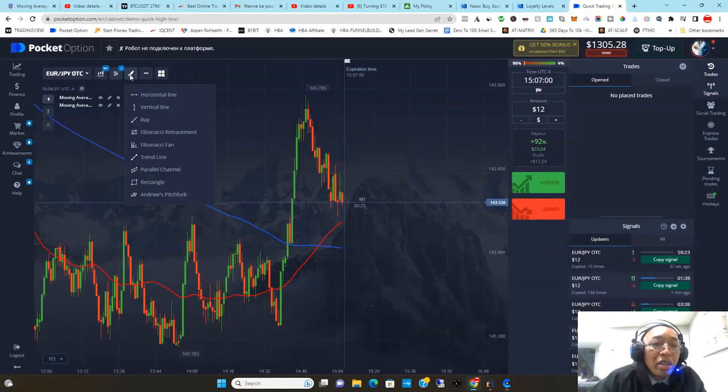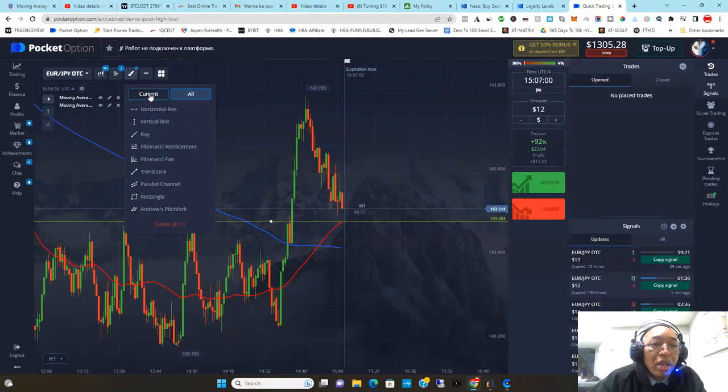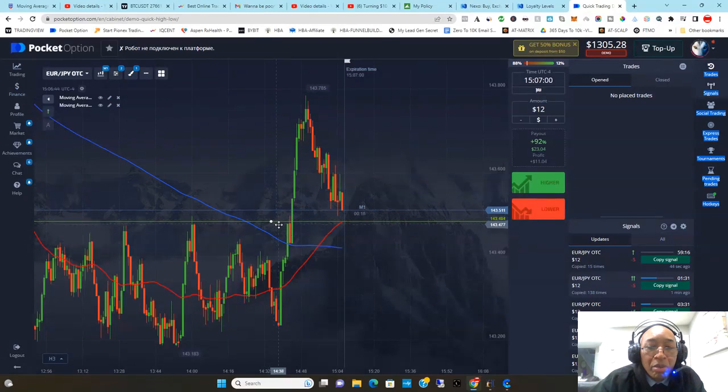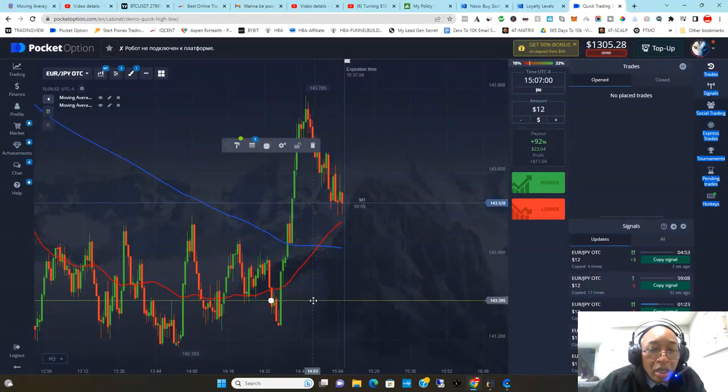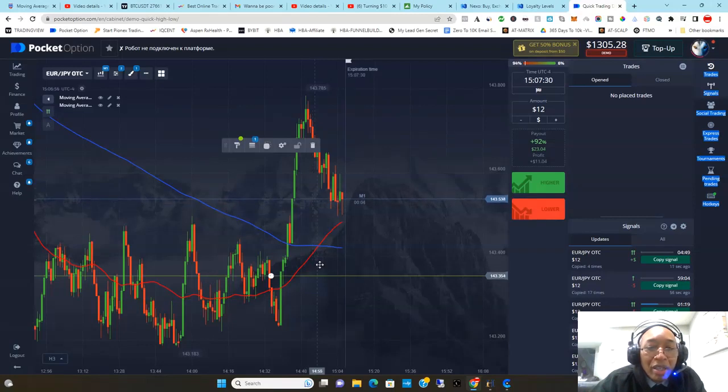Let's see, there we go, horizontal, and we can put a support line right where the candles hit the lowest point, that's the lowest point right there, and they touch here and they touch here.